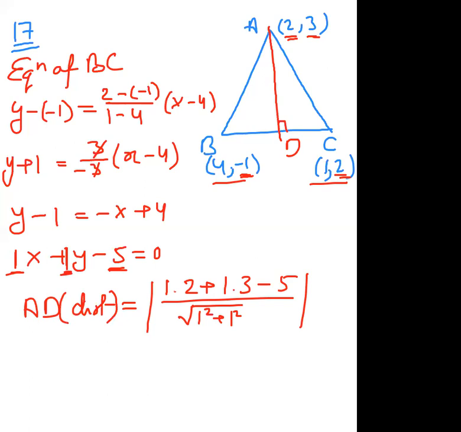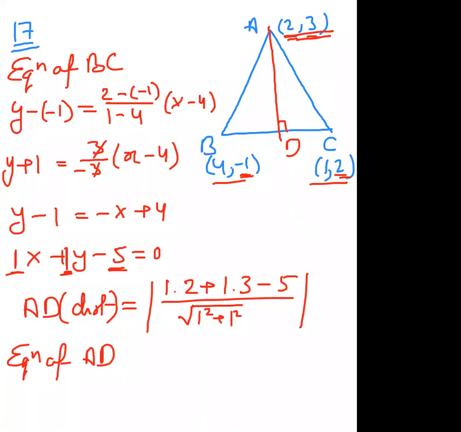Now the next task is to calculate the equation of AD. The equation of AD: a point is given to us. Also we need to have the slope of AD. So how to calculate the slope?